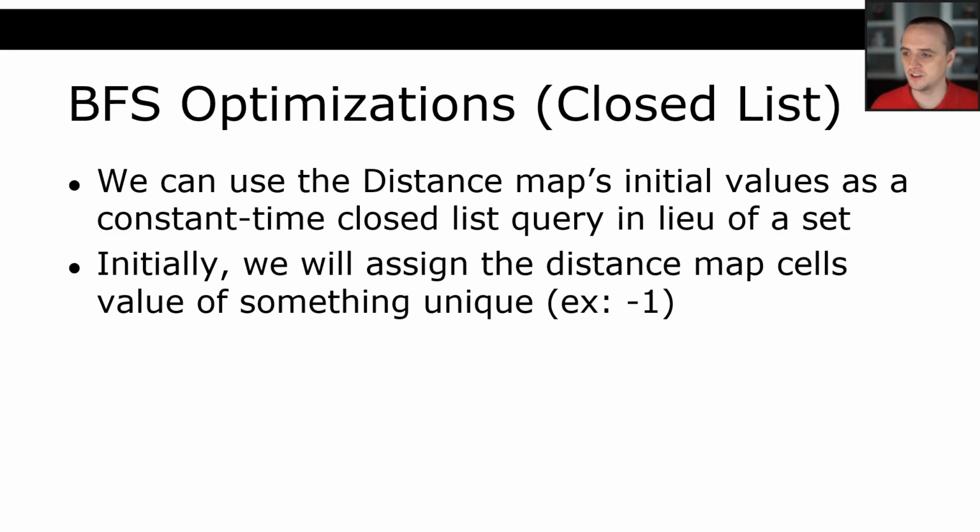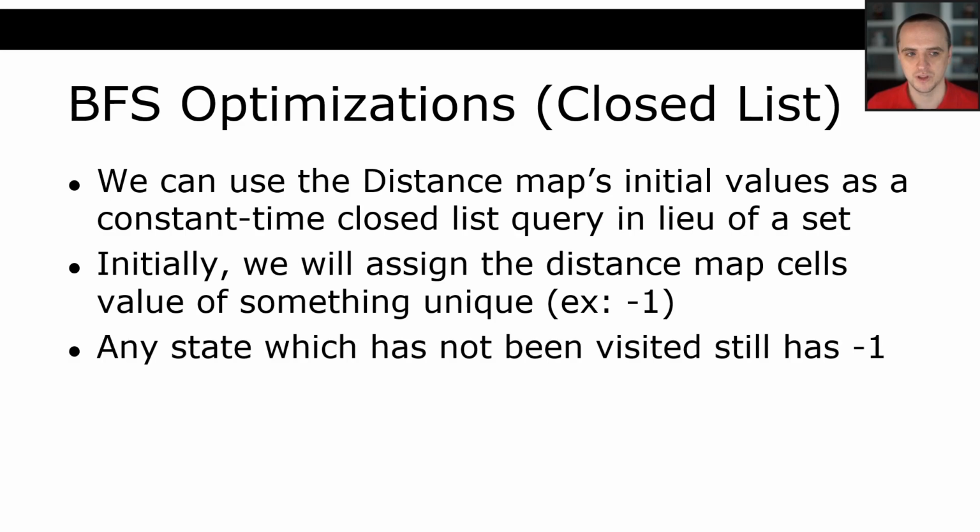So when we start the distance map calculation, everything is going to get a value of -1. So that's unique. Distance can never be negative, right? So we're going to set them all to -1 in order to mark this has not yet been computed. Okay. And the goal is going to get a value of 0. So that means any state which has not yet been visited has a value of -1.